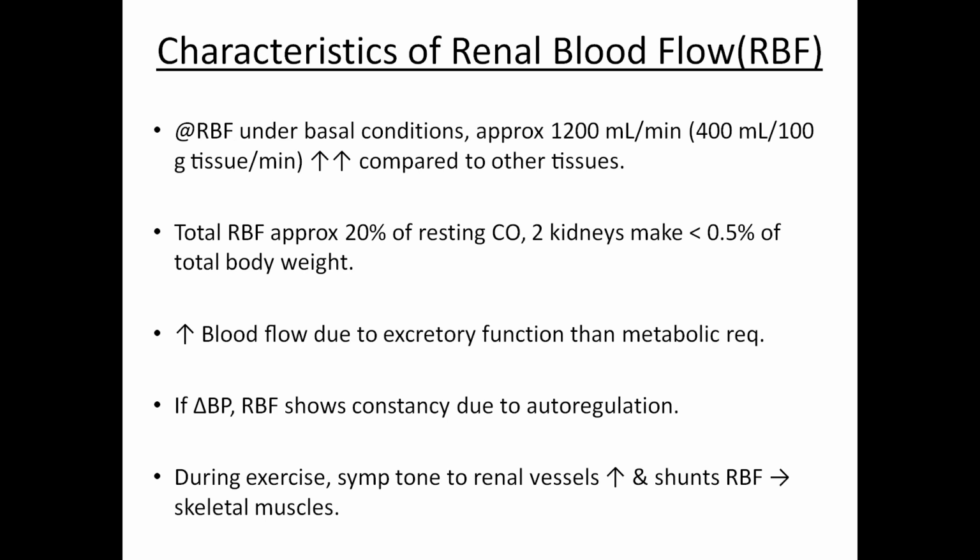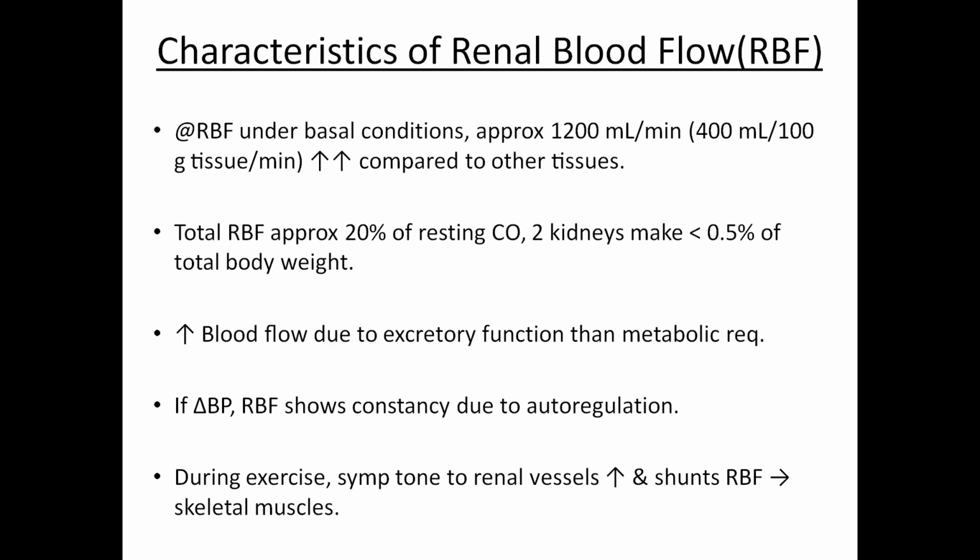While the two kidneys make up less than 0.5% of total body weight, the blood flow, as I said, is 20% of resting cardiac output. Now, this higher blood flow to the kidneys is in relation to its excretory function rather than its own metabolic needs. For its own metabolic needs, it doesn't need such a high blood flow, but it's for the excretory function that it does so.